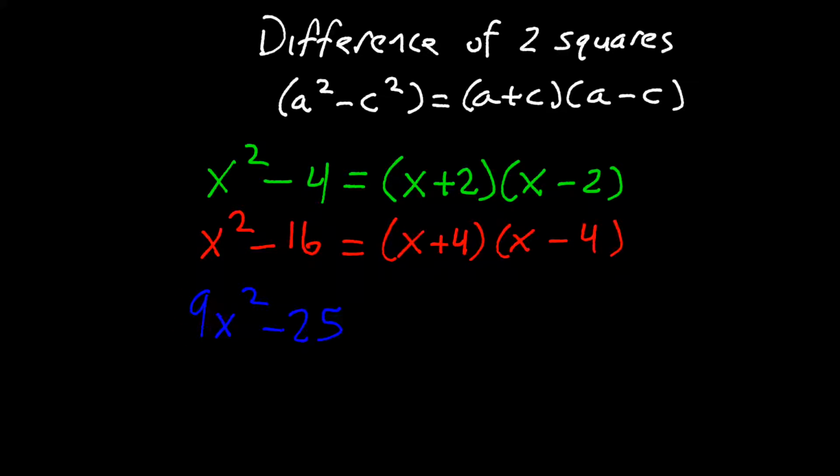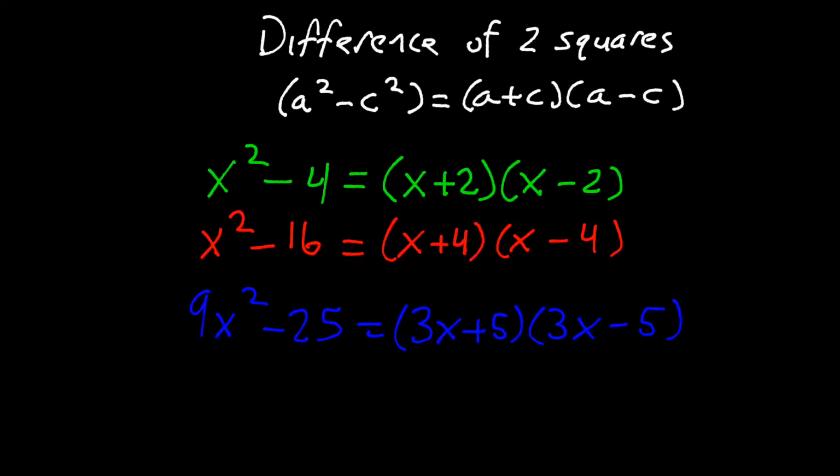Even though the 9 is here, 9 itself is also a perfect square to go along with the perfect square of x squared, and 25 is a perfect square. So we would factor this down to be 3x plus 5 and 3x minus 5. The 3 comes from the square root of 9.